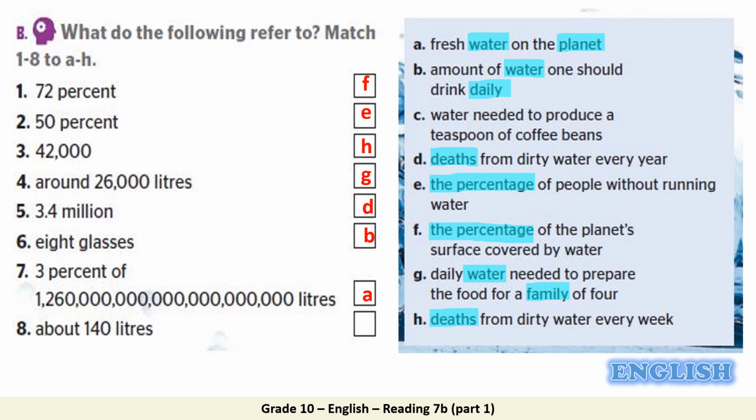Now the last one, number 8, about 140 liters. When I say liters, I'm normally talking about water. So it refers to the answer C, water needed to produce a teaspoon of coffee beans. Excellent job, dear students.